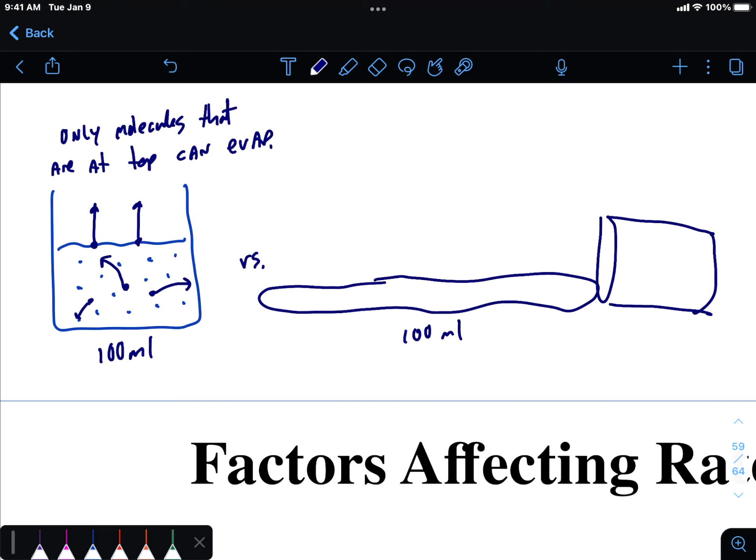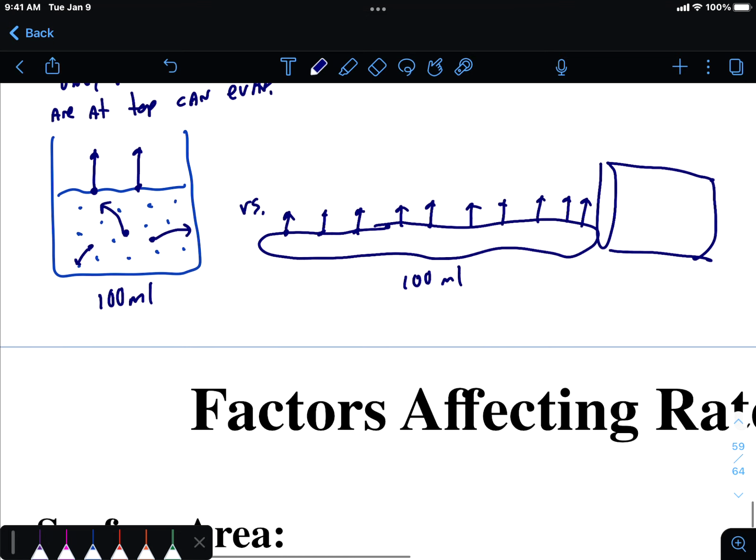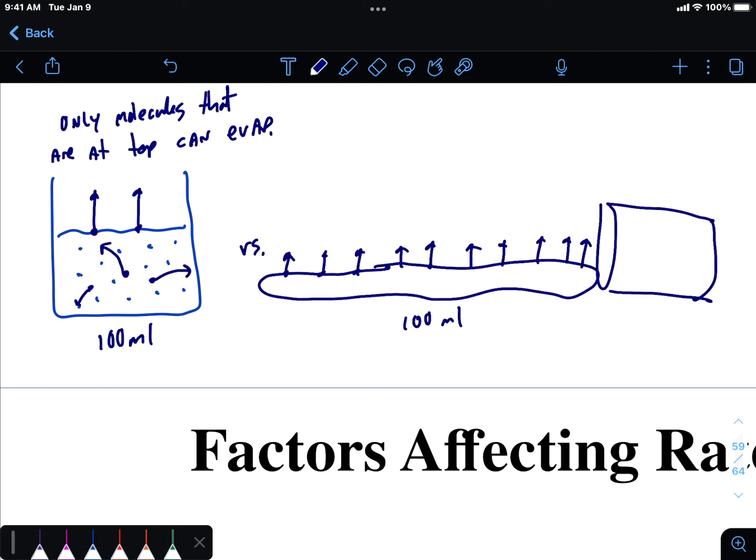But by spilling it, you now make a greater proportion of that water available to the air. Your surface area has increased. And when you increase the surface area, you increase the rate of evaporation. Again, it's the same amount of liquid, right?